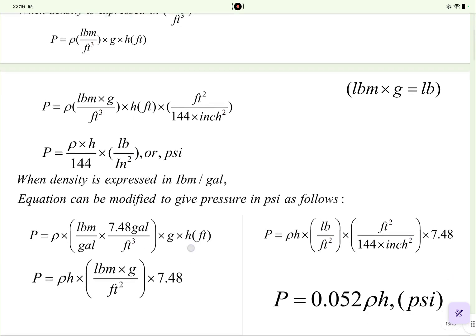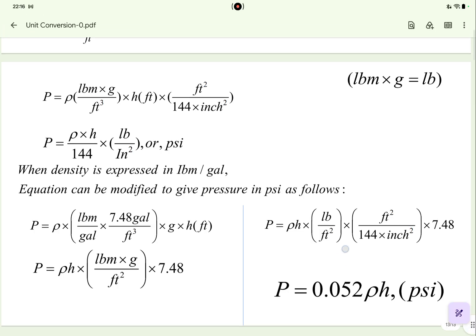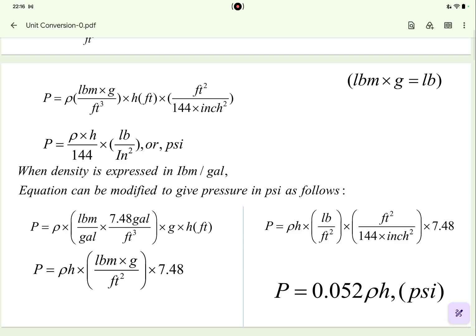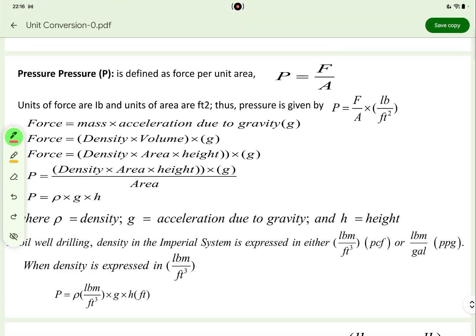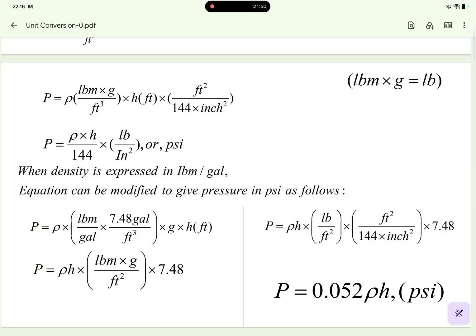You will do the calculation and you will get this value. I will explain this formula in an upcoming slide or lecture, whenever I get the time. This is all about the unit conversion from my side.